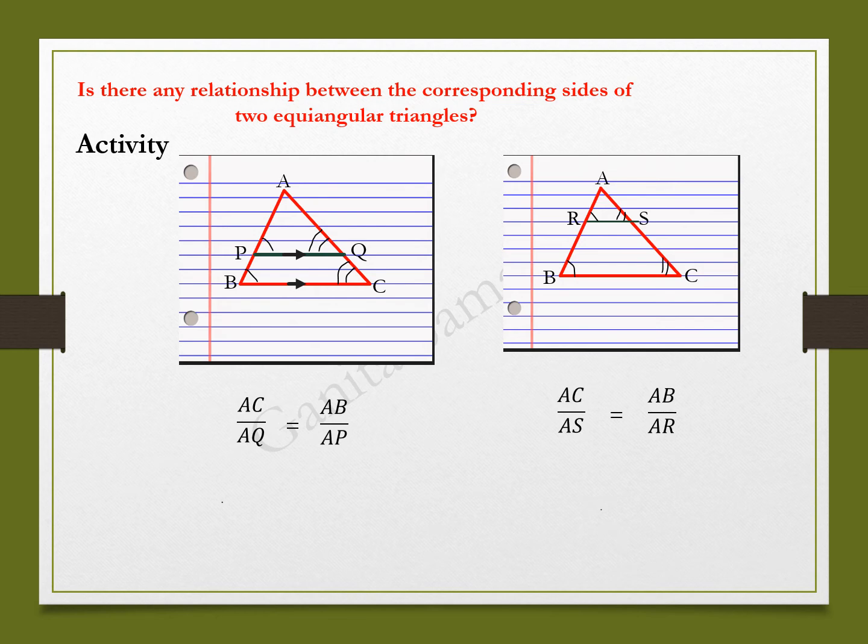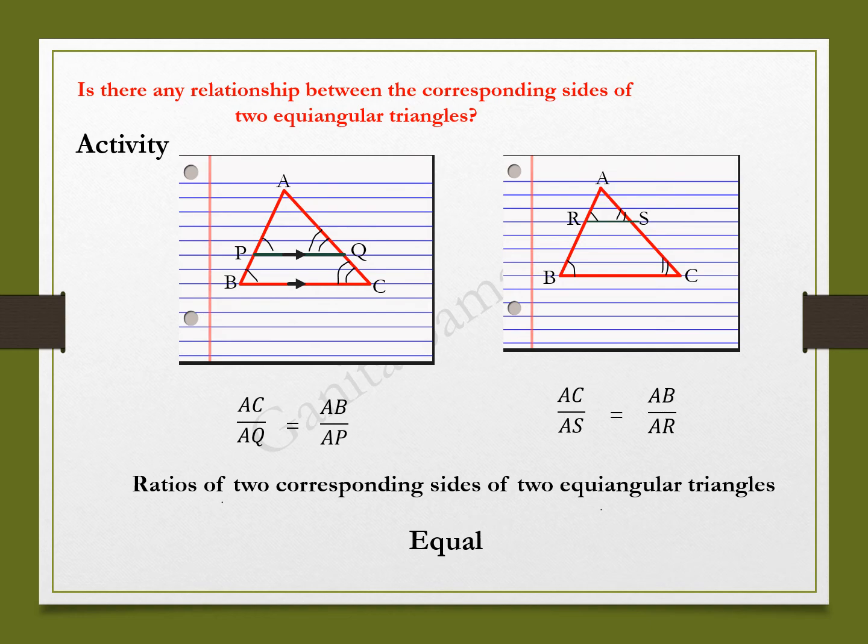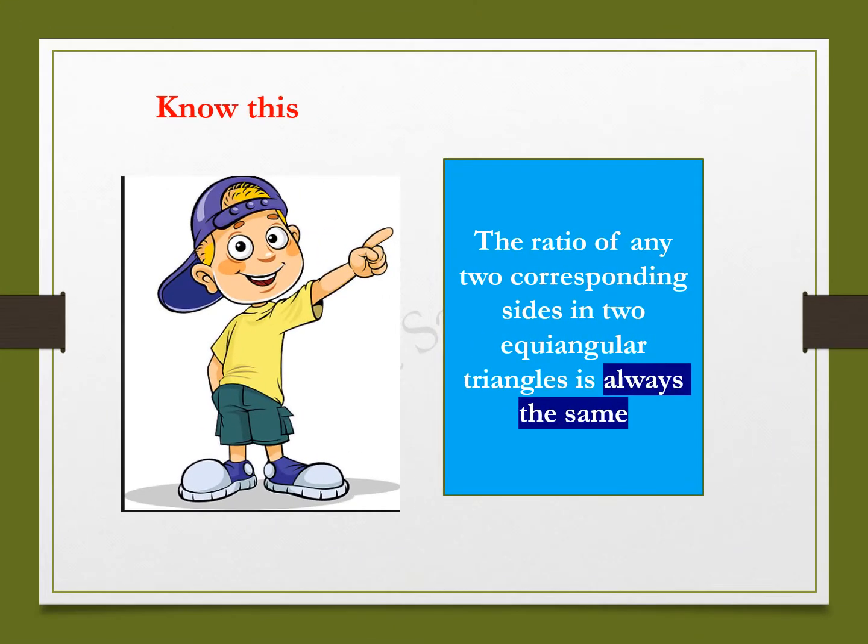We identified two equiangular triangles and we found out the ratio of the corresponding sides, isn't it? And what did we conclude? Yes, it is equal. So this gives us another important concept, children.